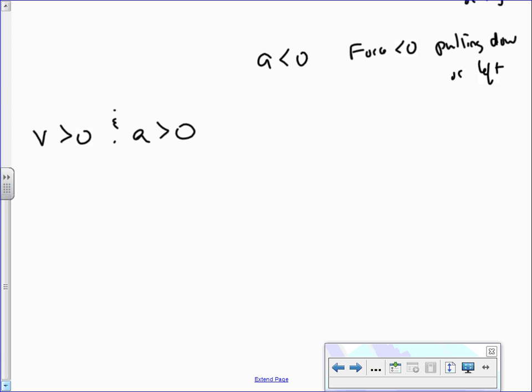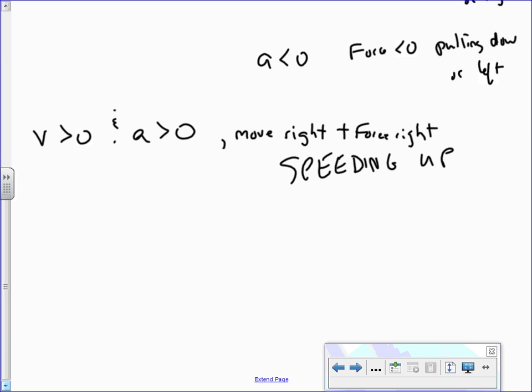What's going to happen? Well, before I fall, I'm going to speed up. If I am moving right, plus force right, those two things acting in the same direction result in speeding up. I'm going to go faster. Okay? And I said to the right, but that would apply also if they were both up.